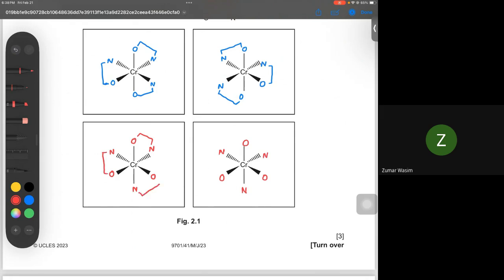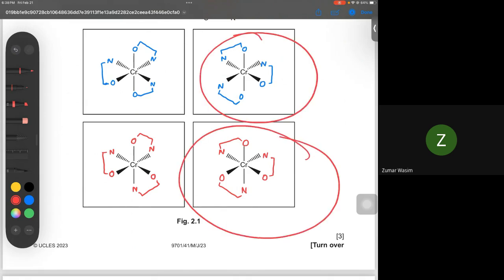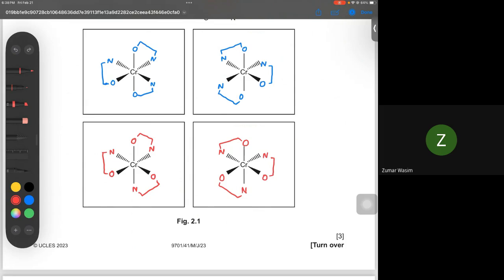Okay, in this manner, or you can see this, right? In fact, they are also mirror images. If you compare this with this, you get an idea of what the difference between them is. So they are four stereoisomers.